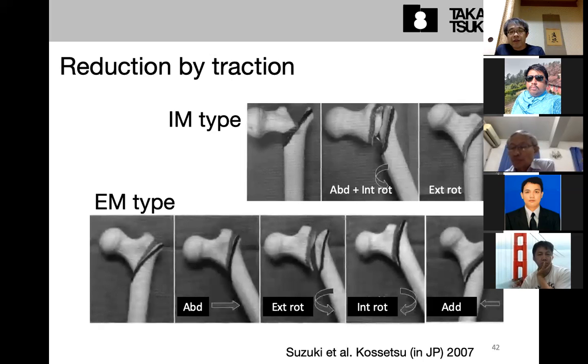Of course, we can do this procedure preoperatively after anesthesia and try the closed reduction. Sometimes it succeeds, sometimes it's quite difficult to reduce. In such patients we can add a reduction maneuver intraoperatively.